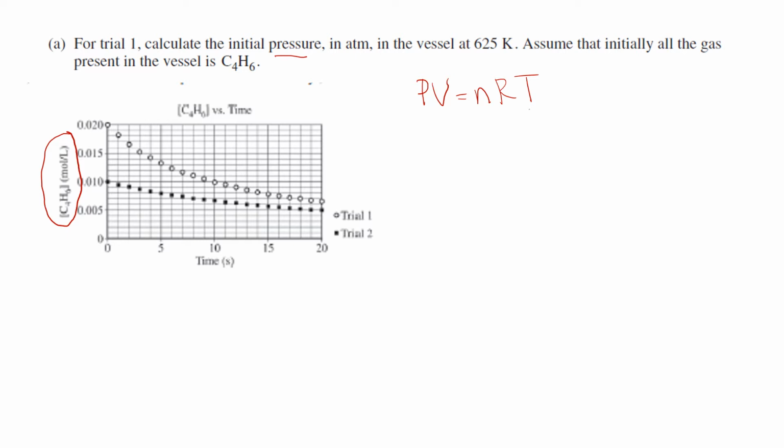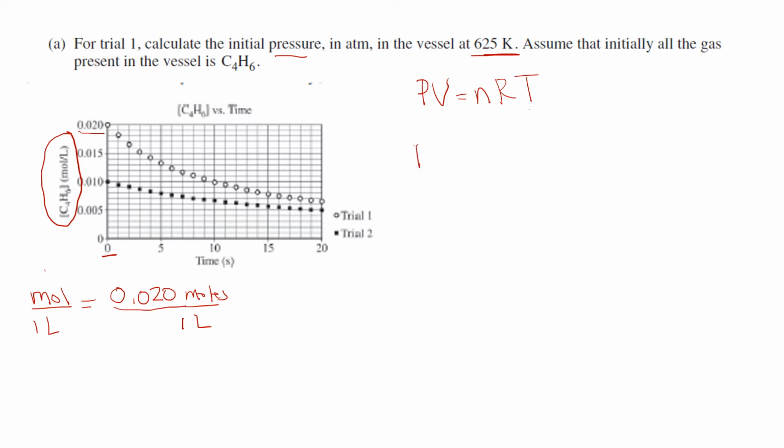I know my temperature, I know my R value, I don't know volume and moles, but I do have concentration over here, and concentration is moles per liter, per 1 liter. And if I look initially at time 0, I know that the concentration is 0.020 moles per liter. Okay, so if that's moles per liter, I'm going to assume a 1 liter container, which means that my moles would just be 0.02.